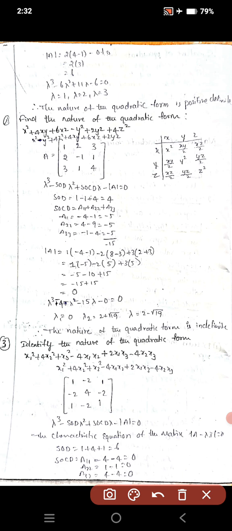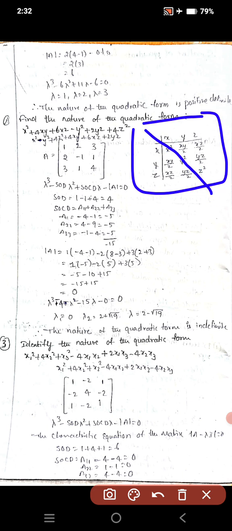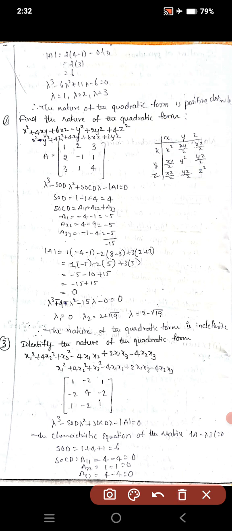Next another question. Find the nature of the quadratic form. First take the quadratic form and write the matrix. See this side, x y z. I told you: diagonal elements x square, y square, z square, then xy by 2, xz by 2, and so on. We get the symmetric matrix, and from it find the eigenvalues. Formula same as told: lambda cube minus sum of the diagonals lambda square plus sum of the cofactors of diagonals lambda minus determinant equal to 0.